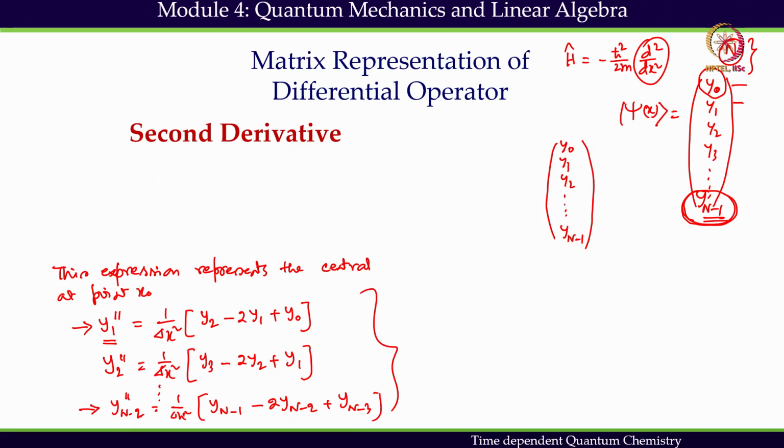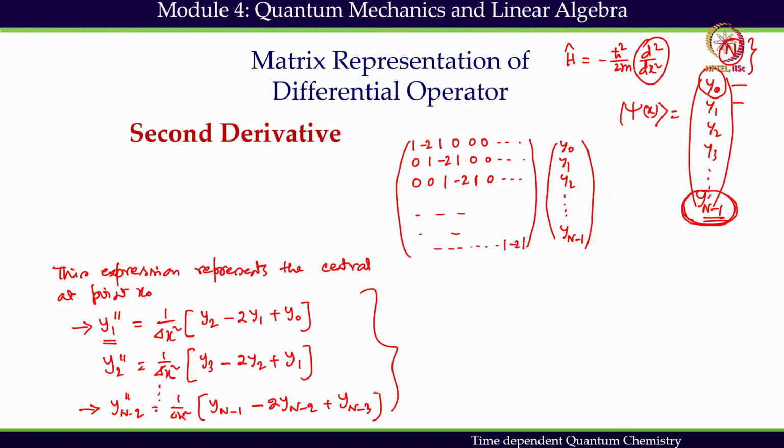On this wave function, this operator is acting, and this operator can be represented as 1 minus 2 1 0 0 0, then 0 1 minus 2 1 0 0, then 0 0 1 minus 2 1 0 like this, and we can continue this, and finally I will have here 1 minus 2 1 like this.